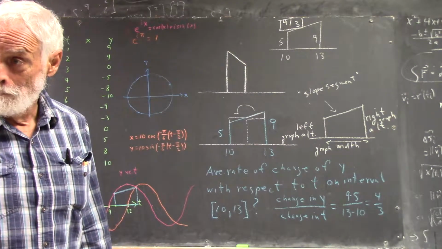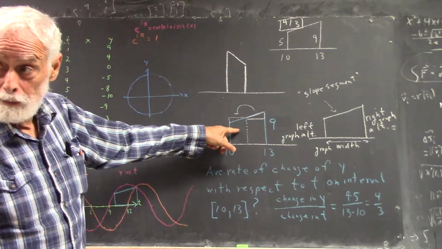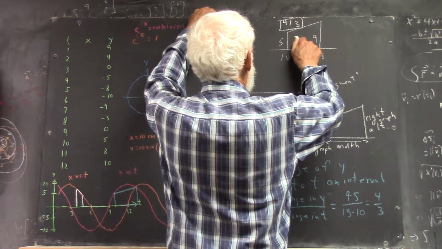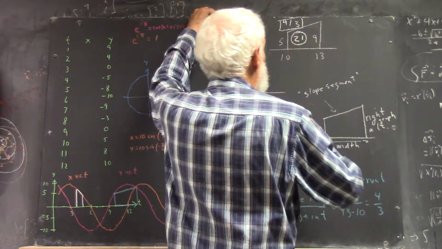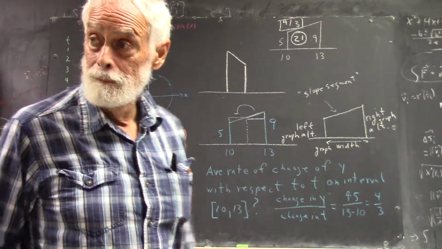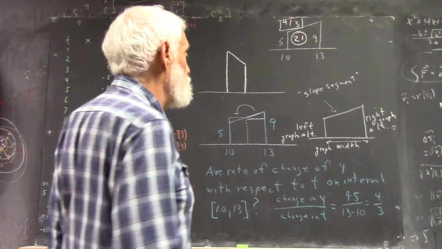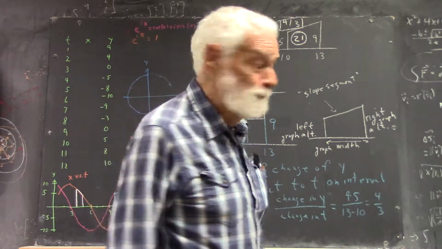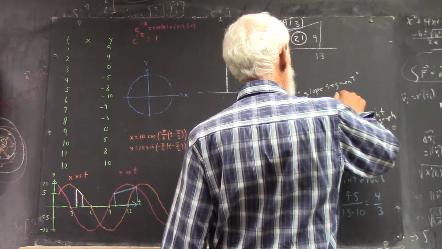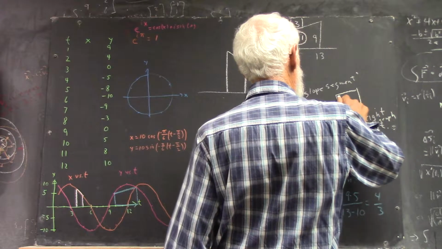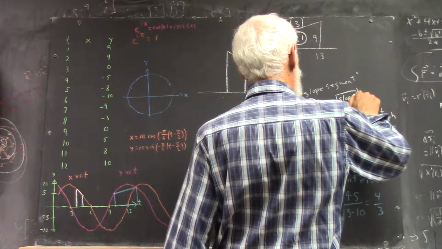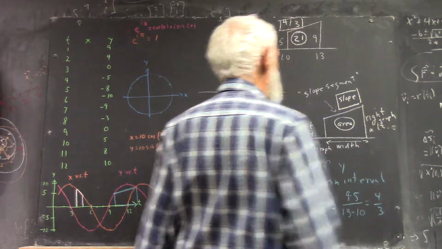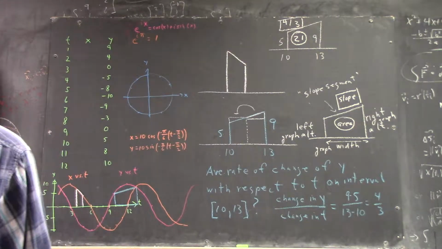So if you understand this picture, you understand that the area is 21. So in labeling a graph trapezoid, we put slope in a box, put area inside in a circle. Okay?